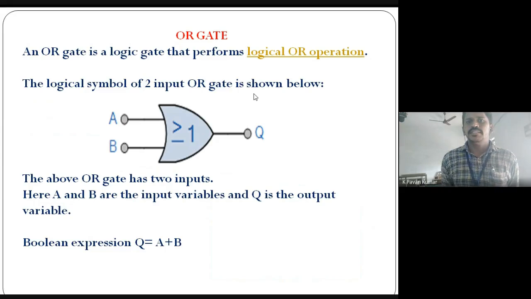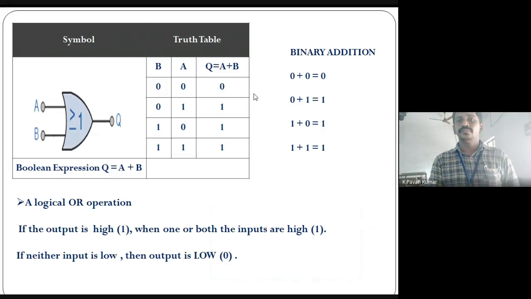That means plus is our logic. We logically add two variables, which is equal to the Boolean expression or Boolean function. This is the OR gate. You add two binary numbers like A and B, which are used in the OR gate.